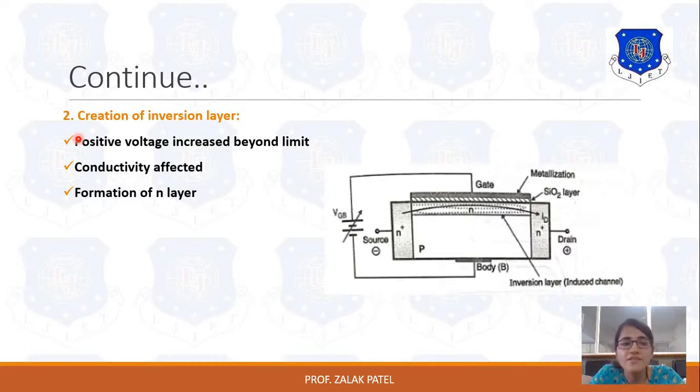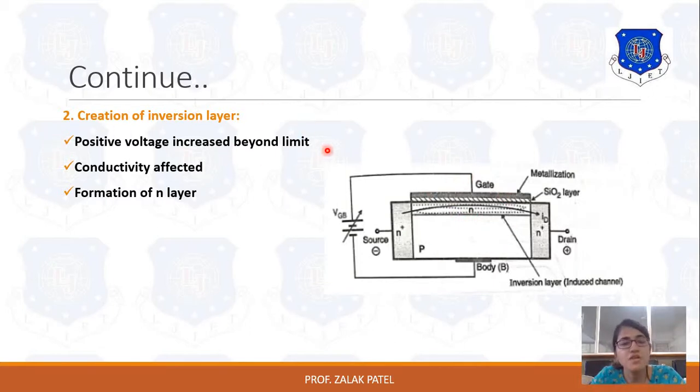Now when we apply this positive voltage beyond such limit, the electrons are no longer minority carriers in this layer; they are also in the same number as the holes. So the number of electrons and number of holes will be almost equal.